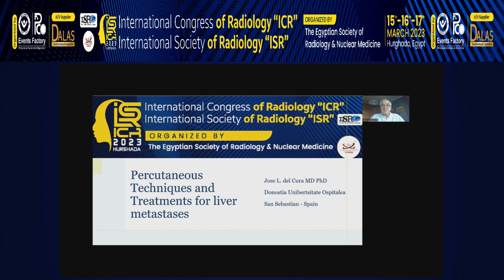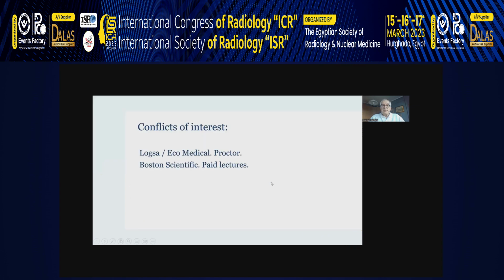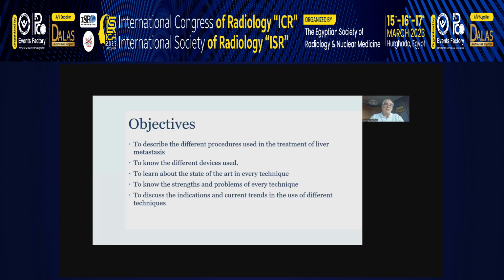In the next minutes, I'm going to try to describe different procedures used in the treatment of liver metastasis. I'm not going to discuss the procedures used for diagnosis, so I'm not going to discuss biopsy.